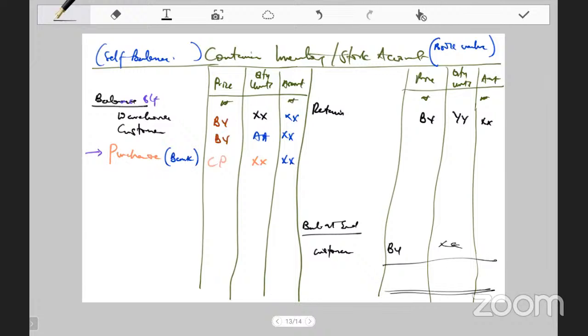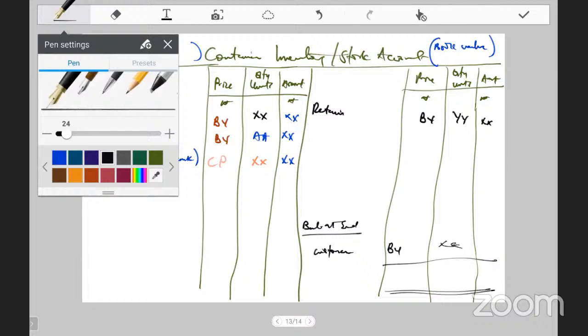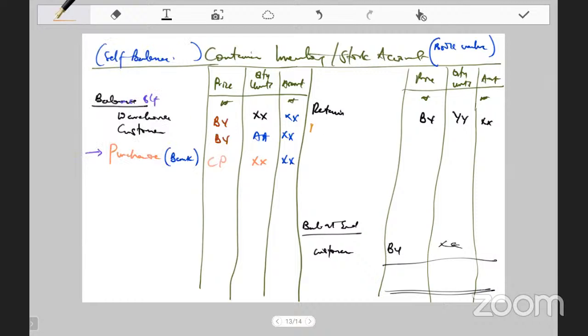Then we'll balance the whole account. The following information can also be given to us, and the first thing we'll be told is the units that have been destroyed. I get the unit, it will be at book value. I'll also be told the units that have been scrapped.